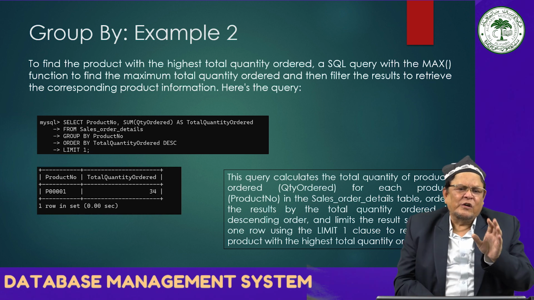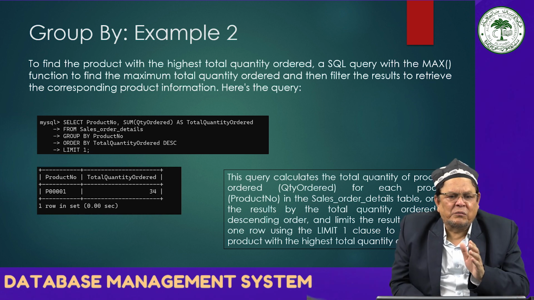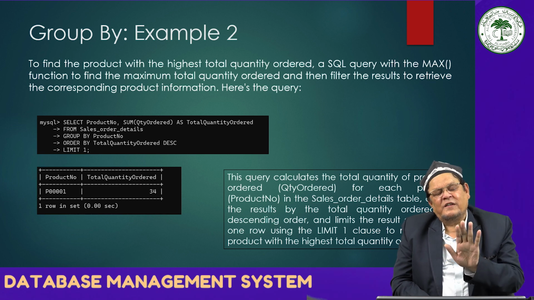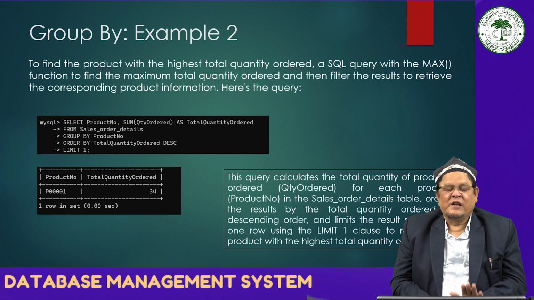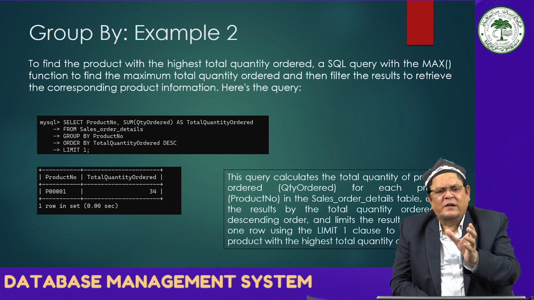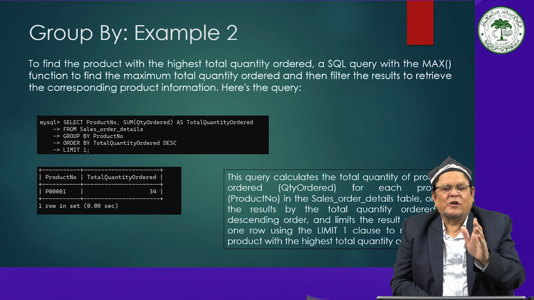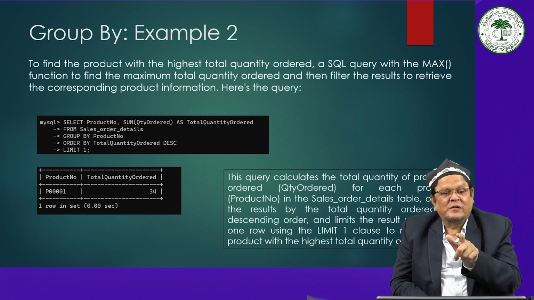For that, you write: select product number, sum quantity order as total quantity order. This is called an alias. If you want, you can write it, it's your choice. From which table? Sales order details table. Group by product number.